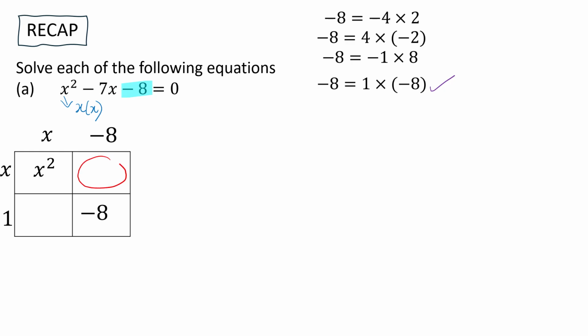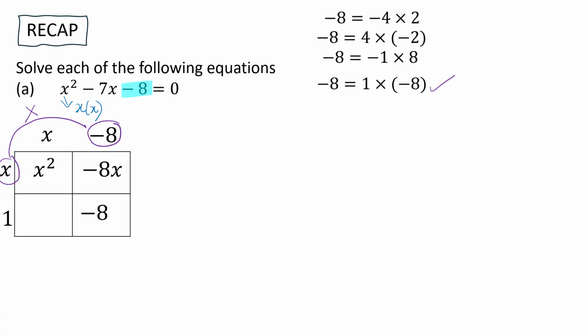Alright, then the next thing is that I need to fill in the values here. So how do I get this value? To get this value, basically, is just taking x multiplied by negative 8. So x multiplied by negative 8 will give you negative 8x.